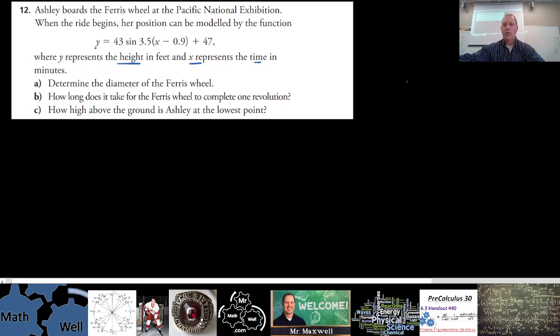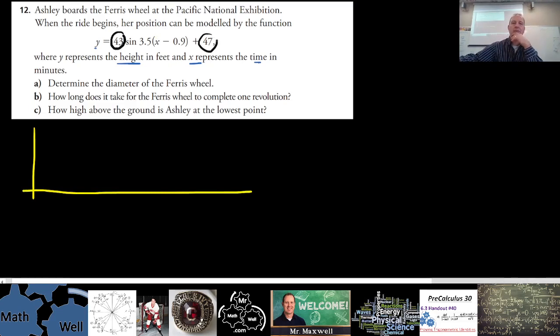Okay, so if we were to, let me just get my yellow here. All right, so this graph right here, do we have any idea of a rough sketch of what this graph looks like? Well, I'm going to look at letter A and what D is right away.